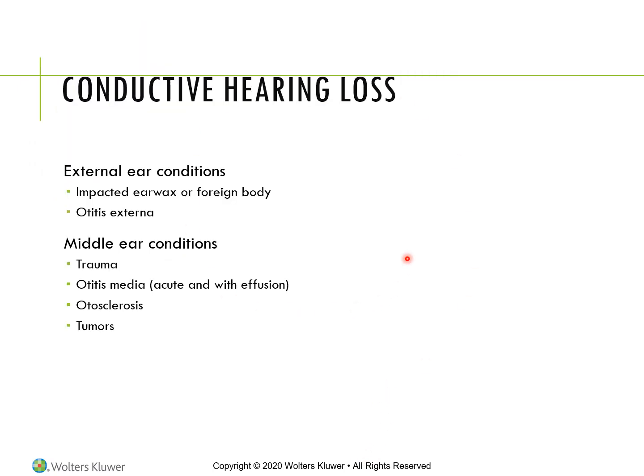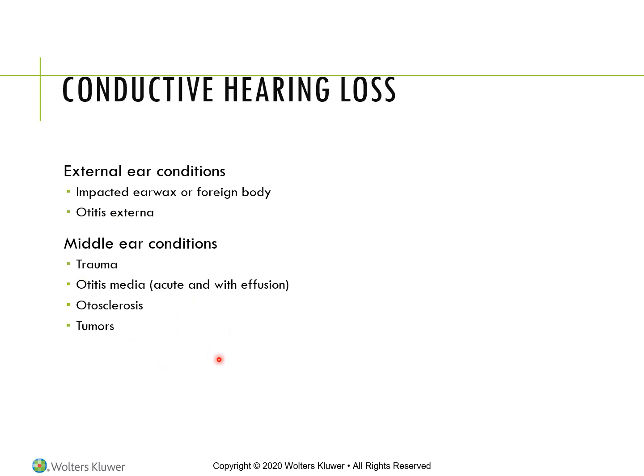So we're going to start by talking about conductive hearing loss. Again, it's things that can be in the external ear, like impacted earwax or a foreign body, or it can be caused by otitis externa, where we have inflammation that causes a severe swelling and closure of the ear canal itself. And then also by middle ear conditions. So maybe trauma to the head that might damage the tympanic membrane or those small bones.